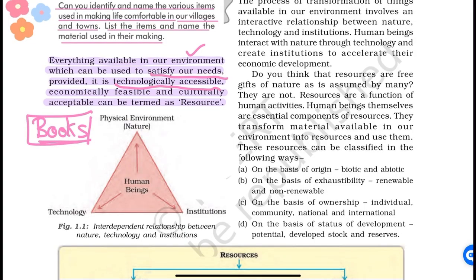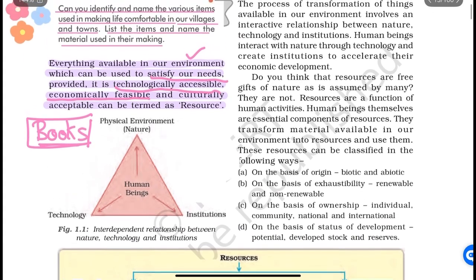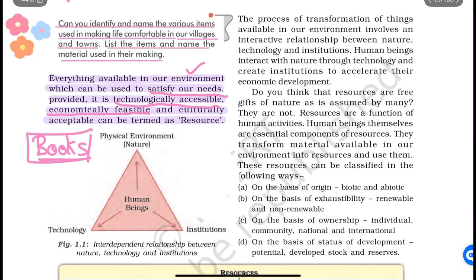Economically feasible. Yes, every book gives you something to learn, and it's feasible. Like this class geography book is also very affordable, and is very important. If you read this book, you'll learn so many things about geography.